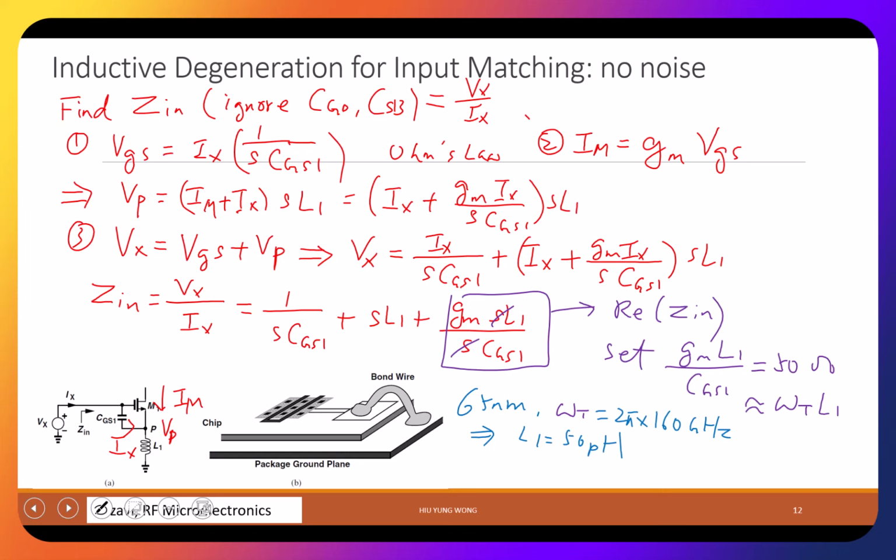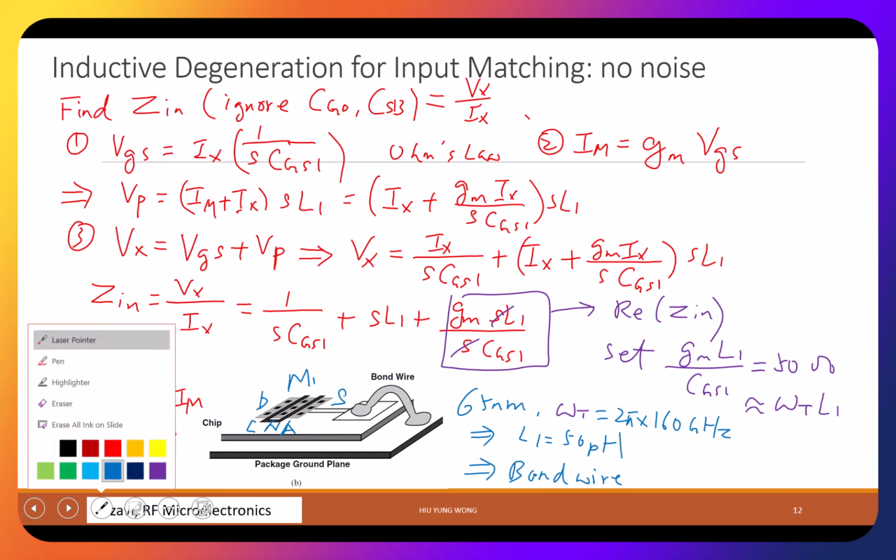So the first thing, because it's small, we will just use the bond wire. So what does it mean? This is your chip. This is the source. This is the drain. This is M1, right? You recognize the layout, right? This is the gate. Do you see this? Actually, I'm wrong.